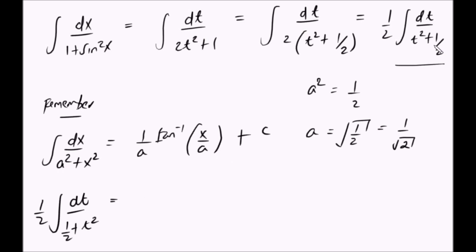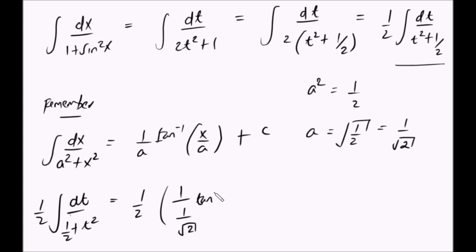So remember addition is commutative. Kwa hiyo t squared plus 1 over 2 sawa tuna 1 over 2 plus t squared. Itakuwa sawa na, so kabla ya kuintegrate huyu remember kuna 1 over 2 huku nje, don't forget it.